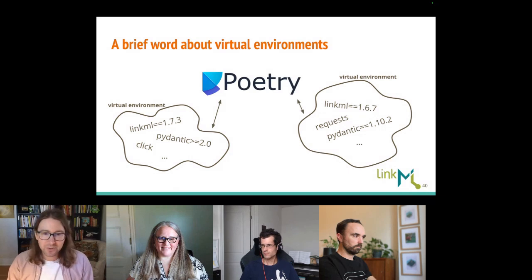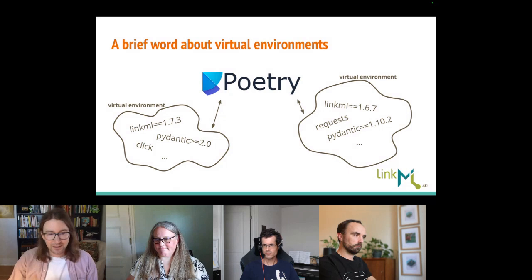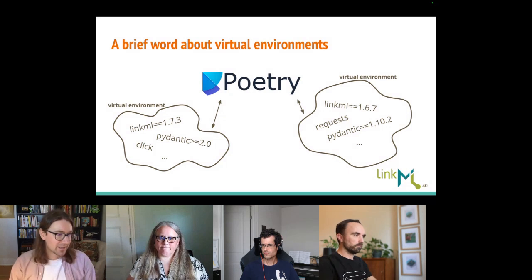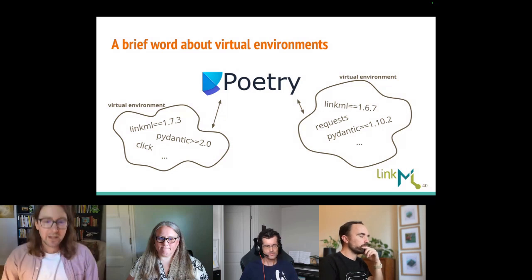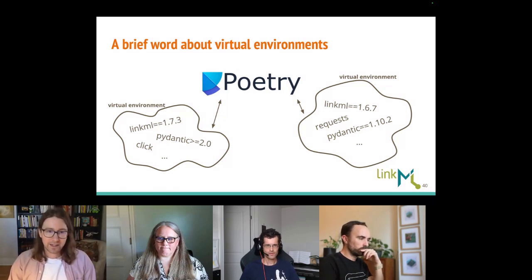Poetry is the tool we're going to use to create and interact with our virtual environments. Throughout the rest of this tutorial, you're going to see a lot of poetry run type commands, and that's what is happening there. It's just a way to interact with a Python virtual environment.